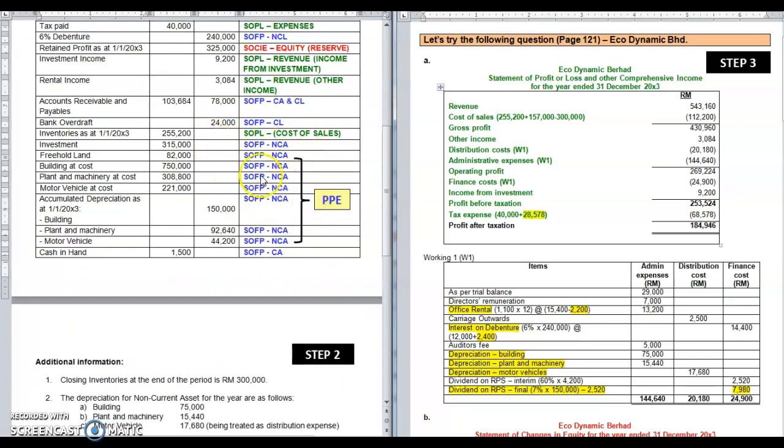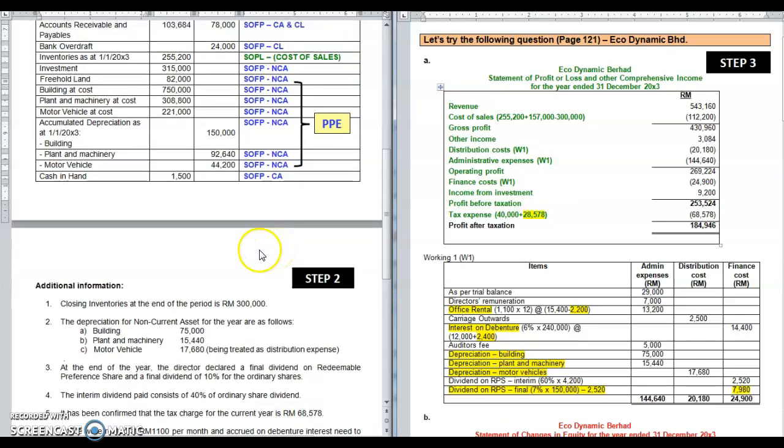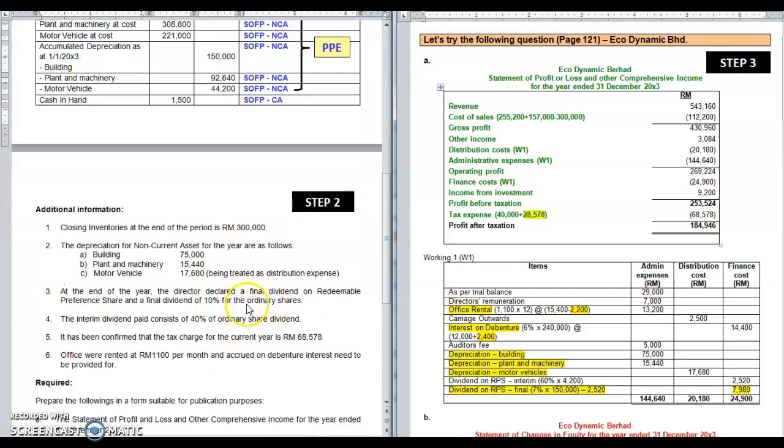So that is step number 1. That is, we classify it into the correct accounting element and SOFPI. Step number 2 is to prepare the adjusting entries at the end of the period. As a beginner, I advise you to jot down the adjustment for each of the additional information.